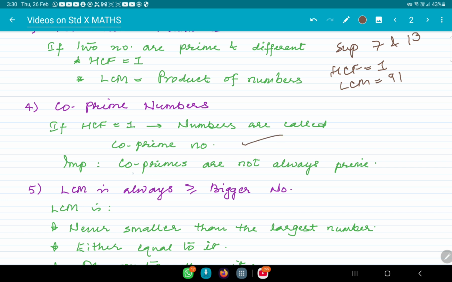An important thing about co-prime numbers is that co-primes are not always prime. Please remember, this is again important. If we take 8 and 15, HCF will be 1, but neither 8 nor 15 is prime.